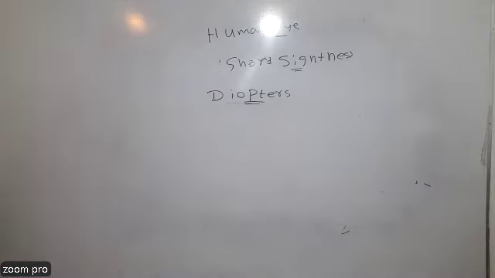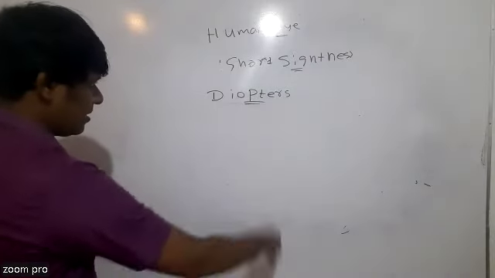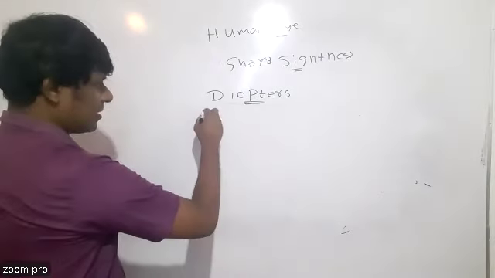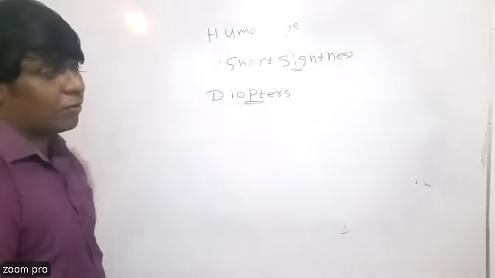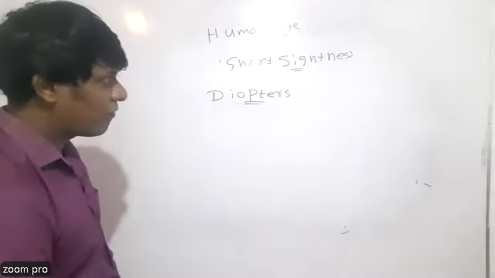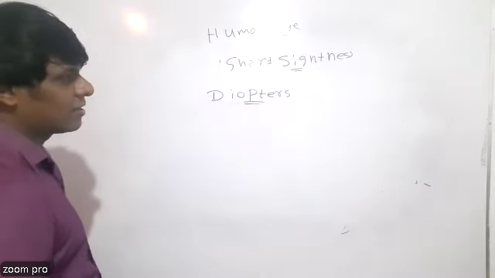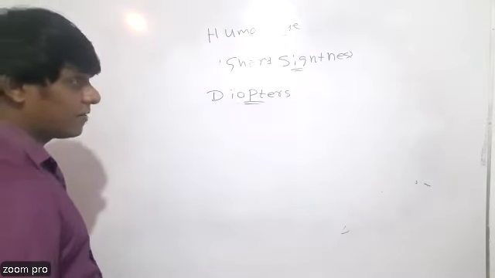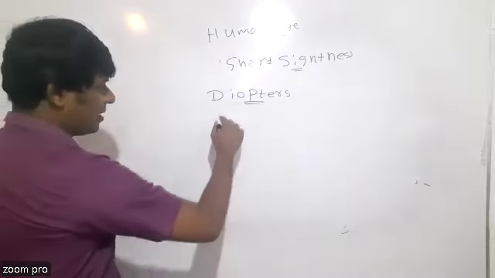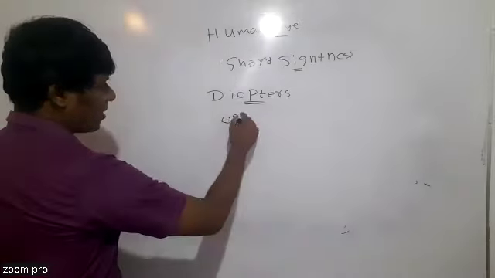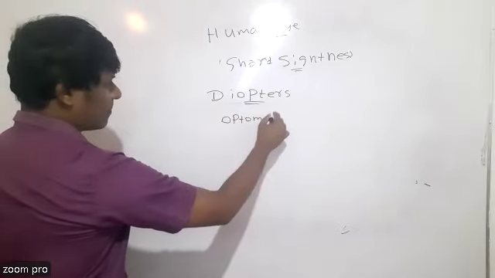What is the meaning of a diopter? The meaning is none other than, write this up, the way of measuring power of a lens in optometry.